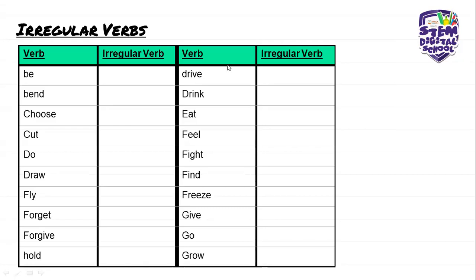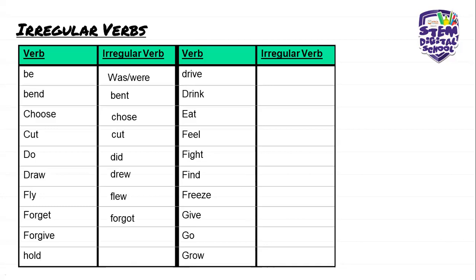Irregular verbs. Be becomes was or were. Bend becomes bent. Choose becomes chose. Cut becomes cut. Do becomes did. Draw becomes drew. Fly becomes flew.